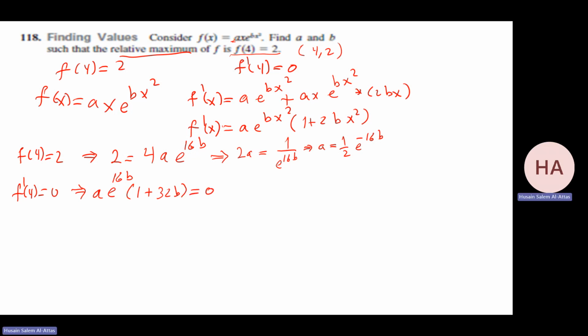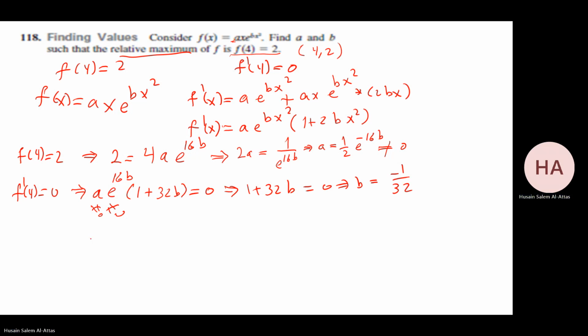So for sure, here A is not equal to 0, and this is not equal to 0. So that means 1 plus 32B will be equal to 0. So B equals what? Minus 1 over 32.